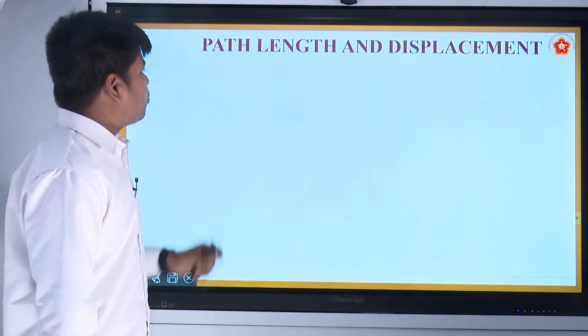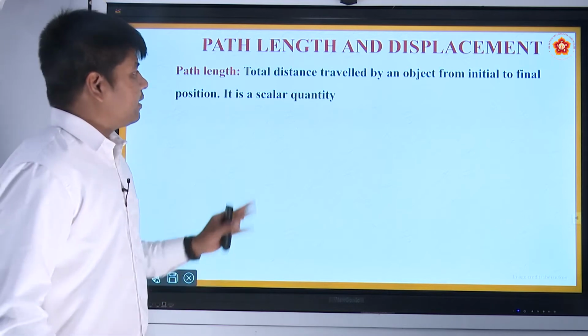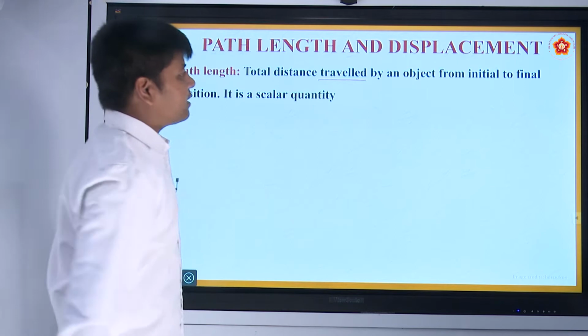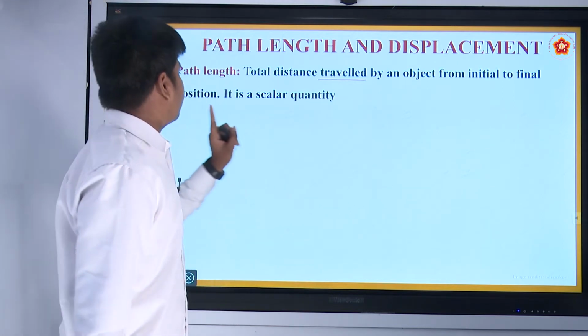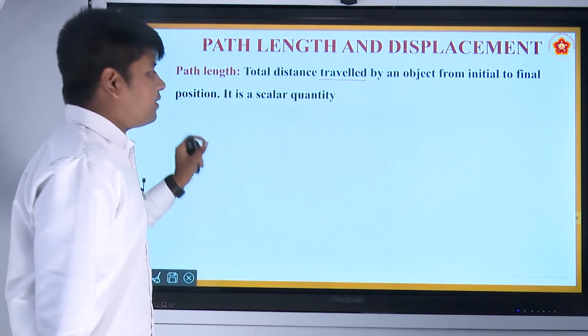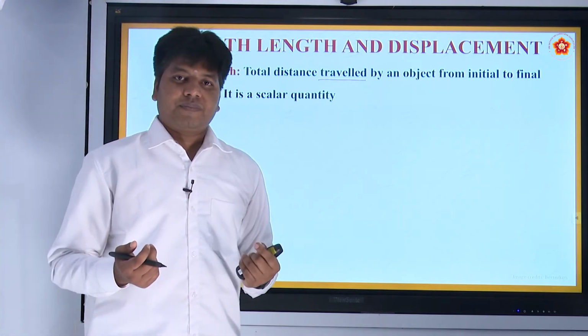Let us know what path length is. Path length is nothing but the total distance traveled by an object from the initial position to the final position. It is the length traveled by an object.